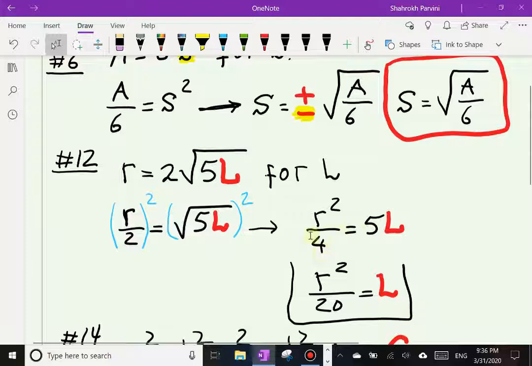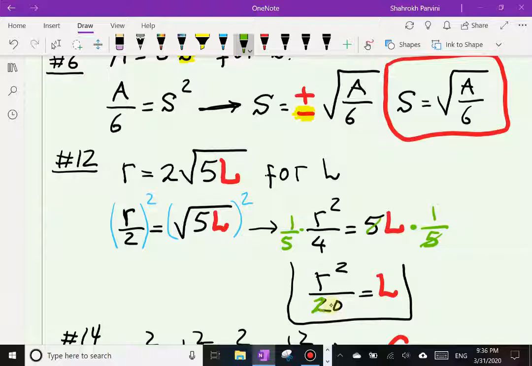When you divide both sides by 5, the 5 multiplies by 4 down here and gives you 20. Or you can think of it as multiplying both sides by 1/5; the 5's cancel, and you have 4 times 5, which gives you the 20 down here. And we have indeed solved for l in number 12.